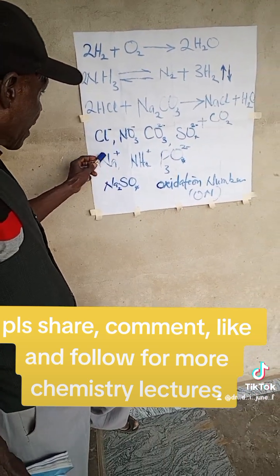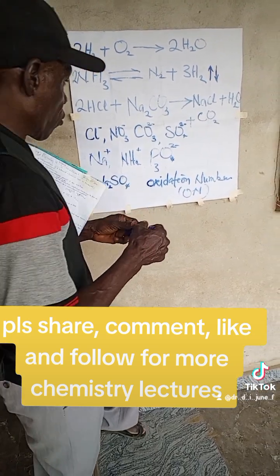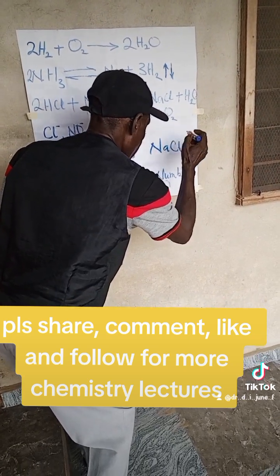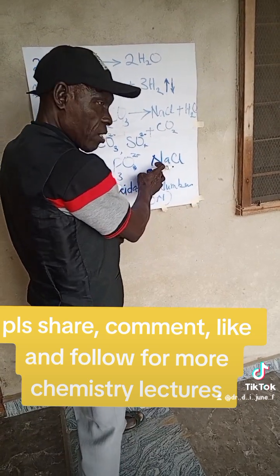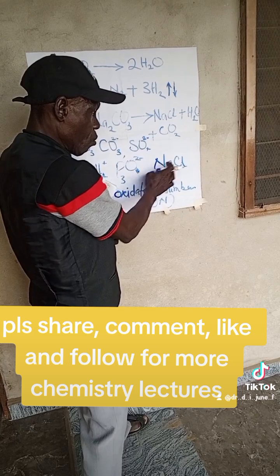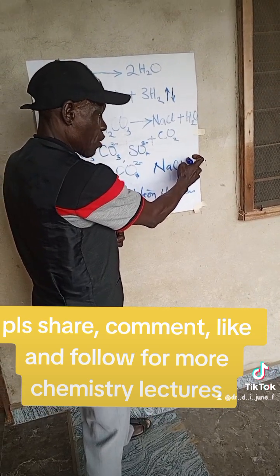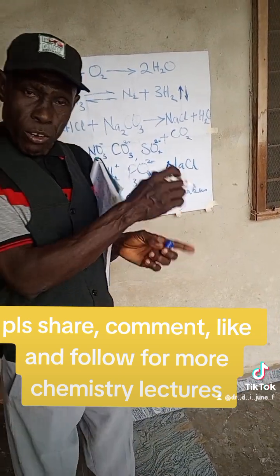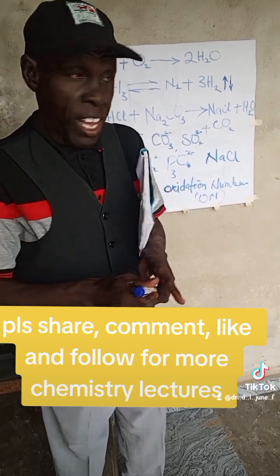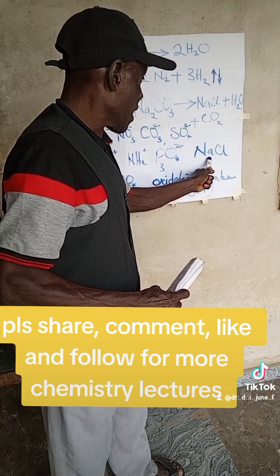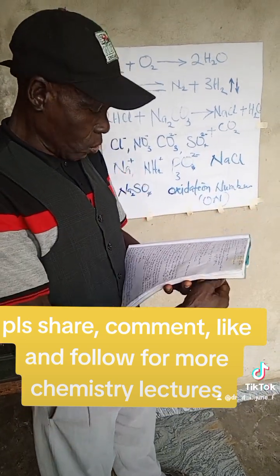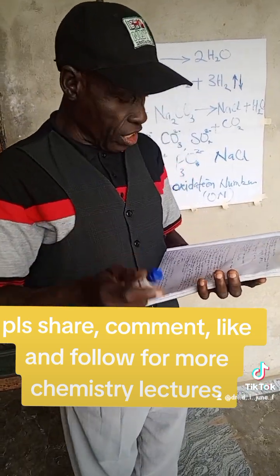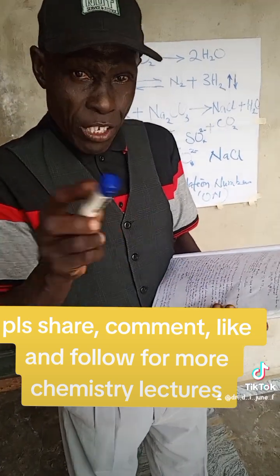So when sodium and chlorine are reacting to form sodium chloride, it means the +1 of sodium goes to chlorine. The -1 of chlorine goes to sodium. So now mathematically, +1 minus 1 is 0. And that is why you are not seeing anything here. So that is NaCl.